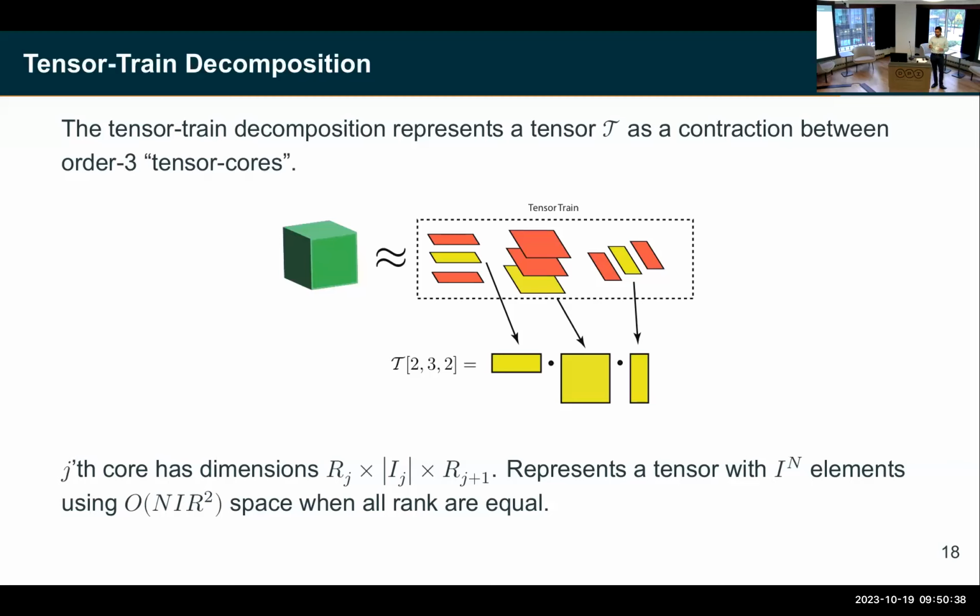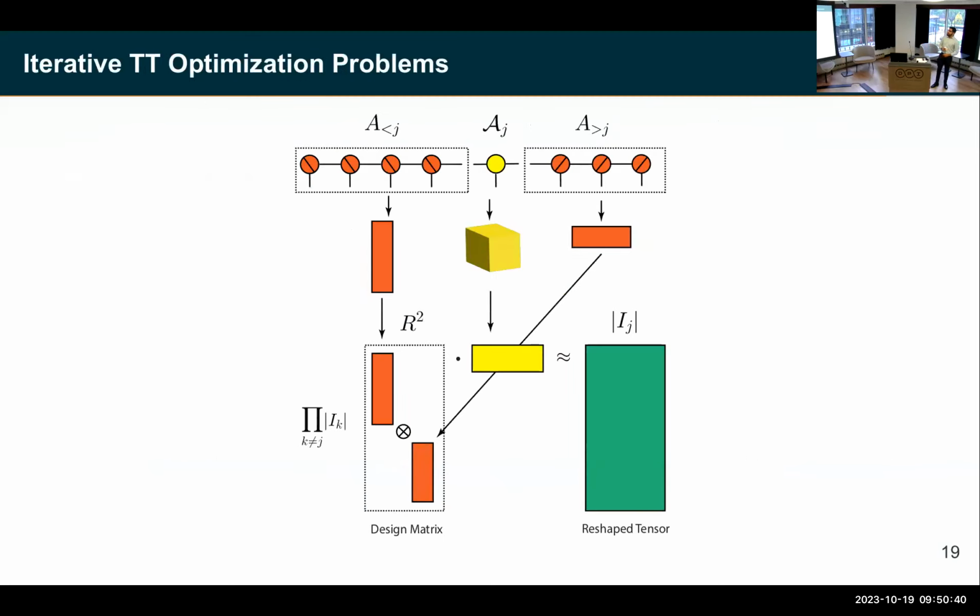If you squint, you have a list of elements that looks a little bit like CP decomposition. And the simplest way that you can apply a similar trick to what we did in CP decomposition is TT-ALS, where you optimize the TT approximation with respect to some given tensor, be it dense or sparse, using the same kind of alternating least squares trick.